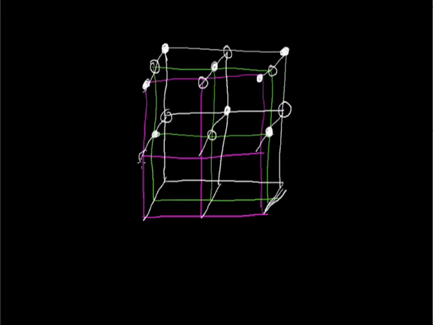This pattern repeats. A full sphere means a Na+ ion, and a blank sphere means a Cl- ion. So it's a simple representation of the NaCl crystal or NaCl structure.